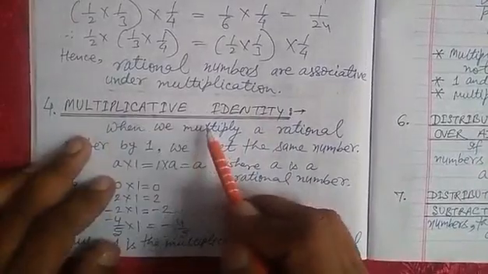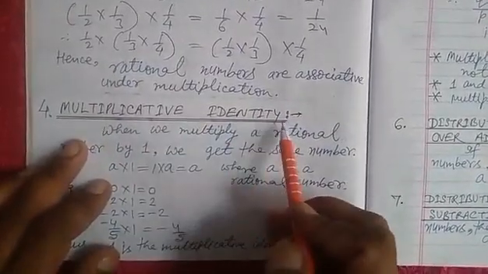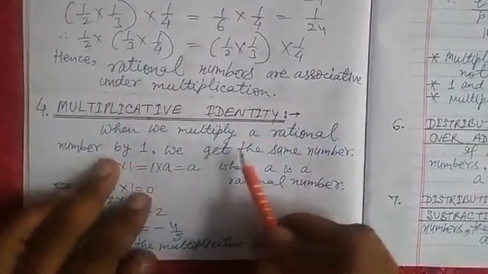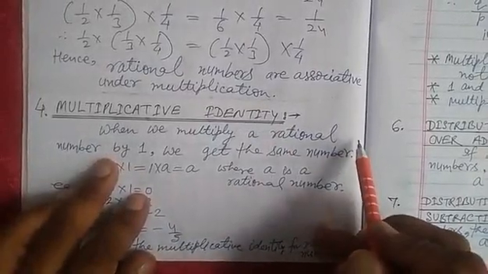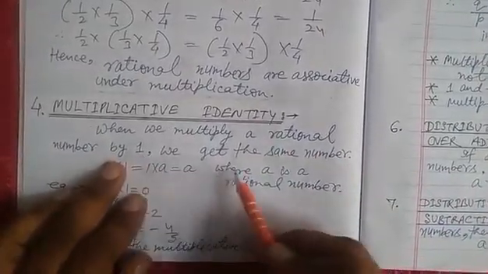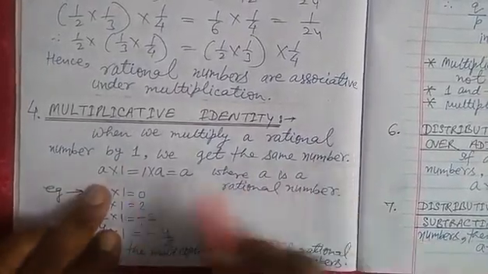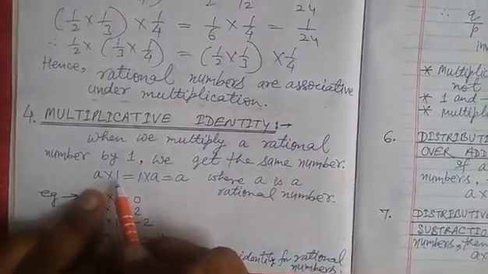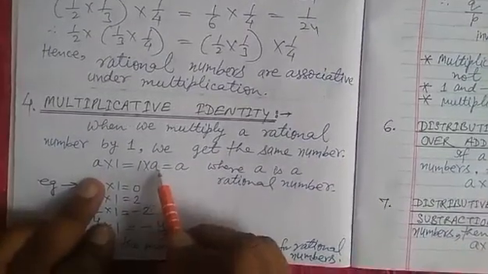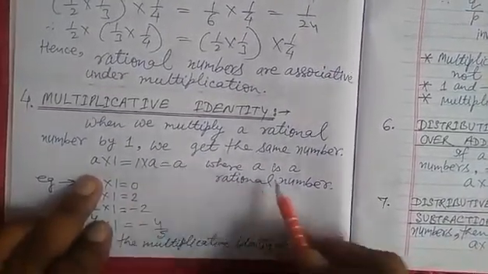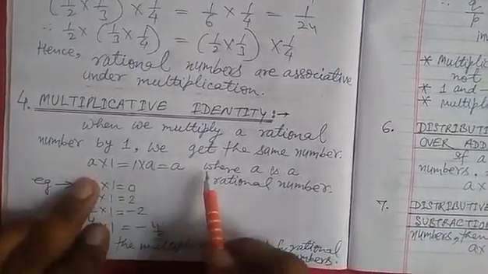Fourth property, multiplicative identity. When we multiply a rational number by 1, we get the same number. Means A into 1 is equal to 1 into A is equal to A, where A is a rational number.